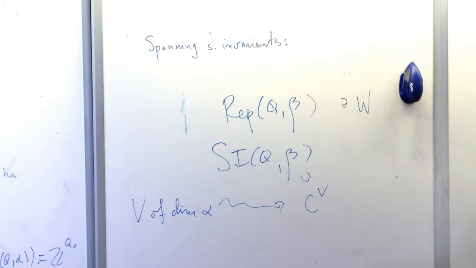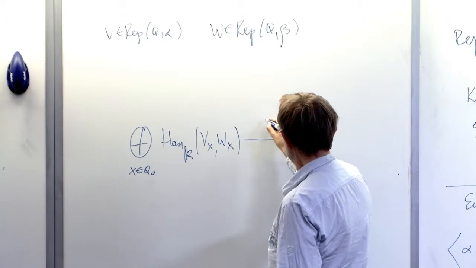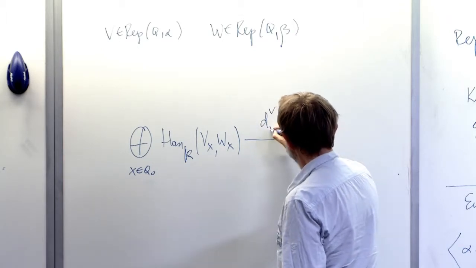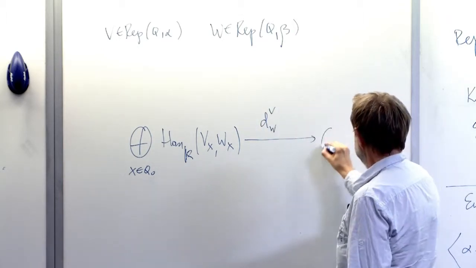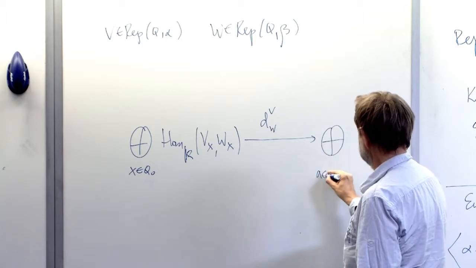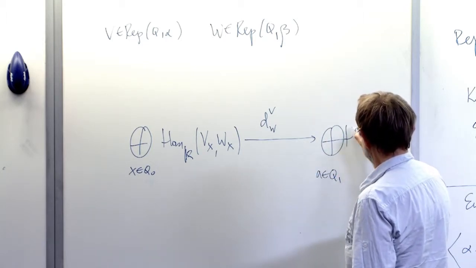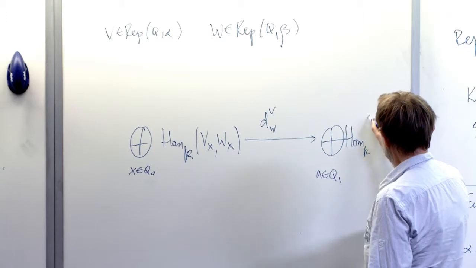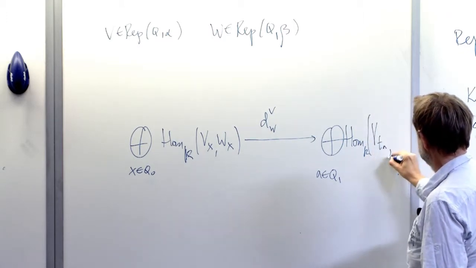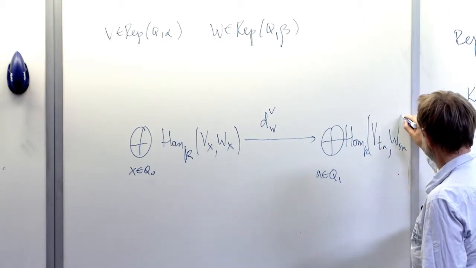Then I have the following map. I can take the direct sum over x in Q0, Hom over k from Vx to Wx. This will be my map dVW. Direct sum over the arrows, and I take Hom over k from V(ta) to W(ha).